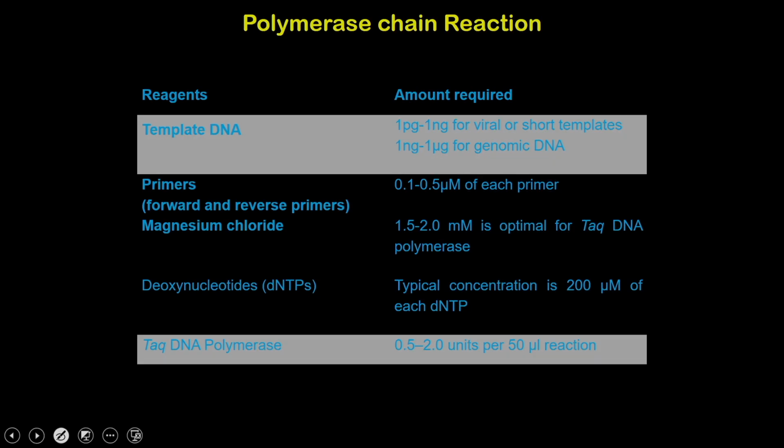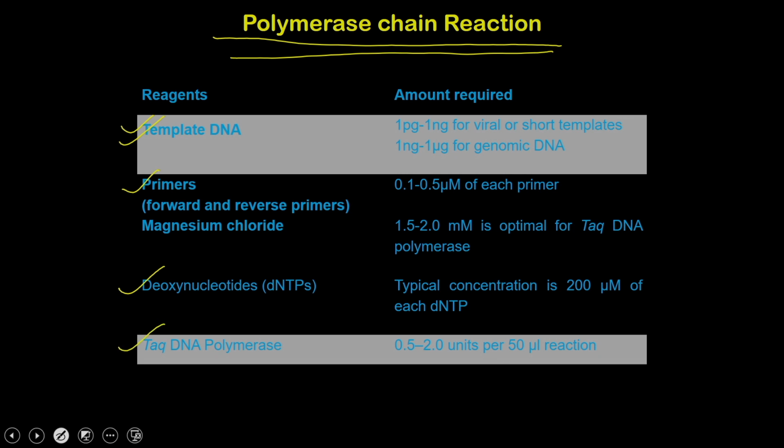As you remember, in our previous lecture we were discussing setting up the PCR reactions, and in a PCR reaction you have a few components: the template DNA, the primers, the dNTPs, and the Taq DNA polymerase.